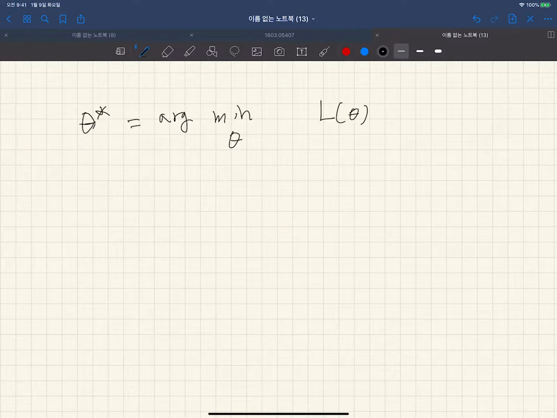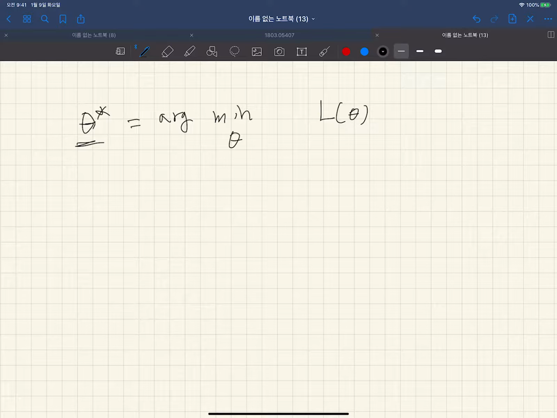Okay, but it is very difficult to find the theta star, especially for deep learning. The loss function is very complicated. This is not a convex function, so a simple gradient descent rule cannot give you the best theta star.